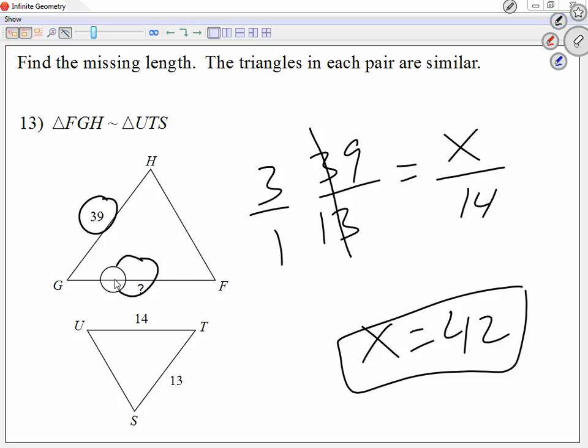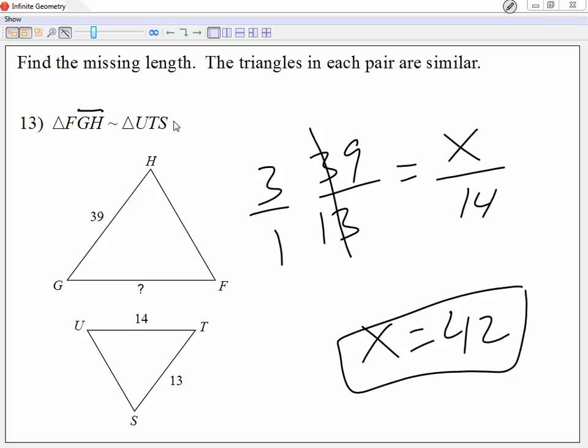If you notice, sometimes we can run into problems where we don't know which one is bigger, like 39 and x. We were not able to tell. It was a little difficult. So we have the notation here. Notice that for the 39, the letters are G and H. If I look at the notation, G and H are the last two letters of the first figure.